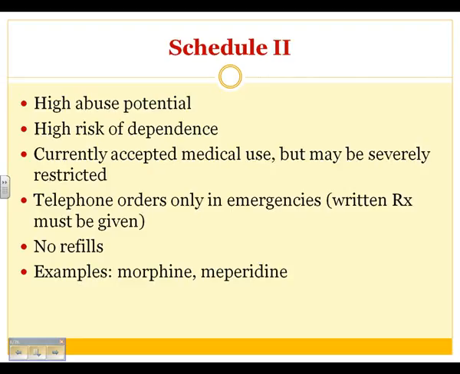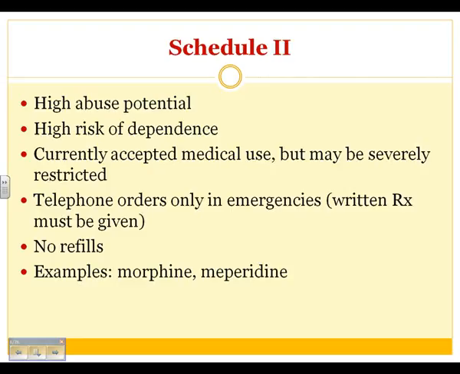Morphine especially. Why would there ever be a case where there could be a potential for an emergency type situation where you would need to call in morphine? Well, they will be in the hospital, so that won't be an issue. Possibly surgery.